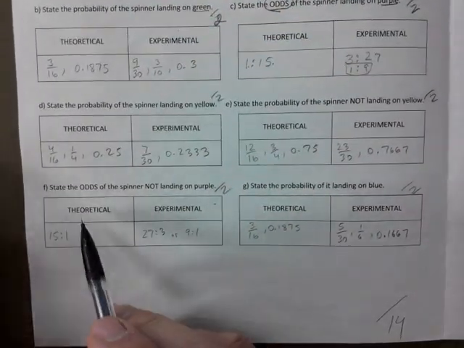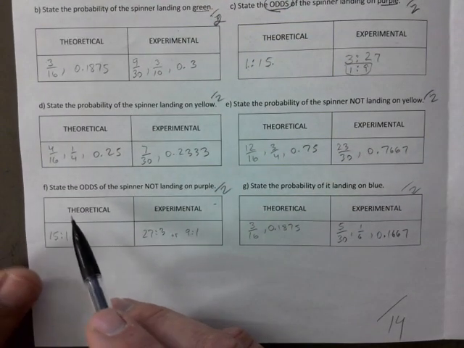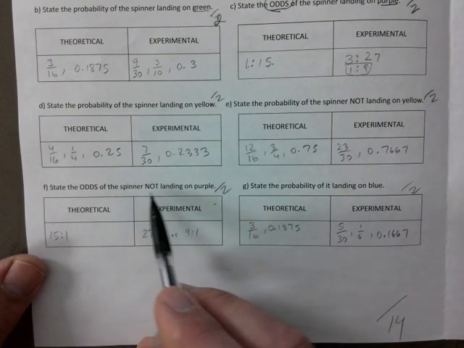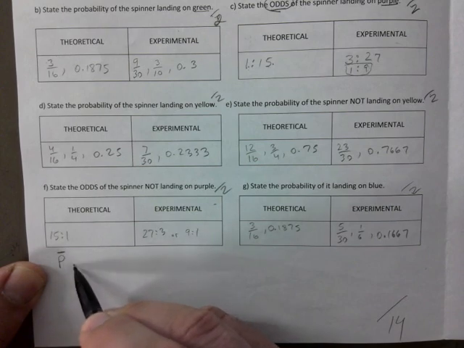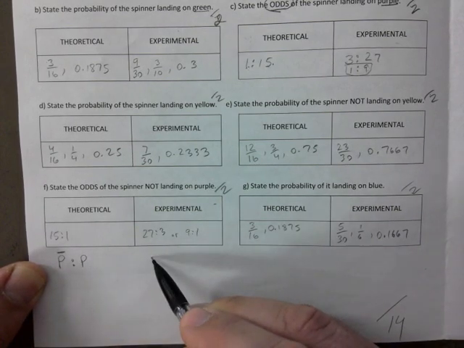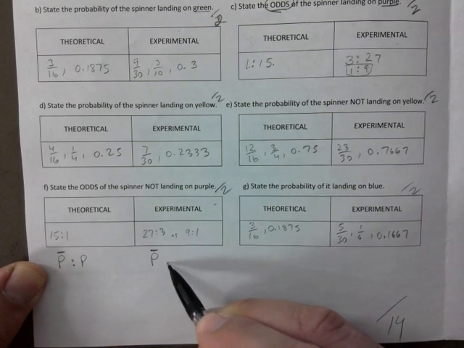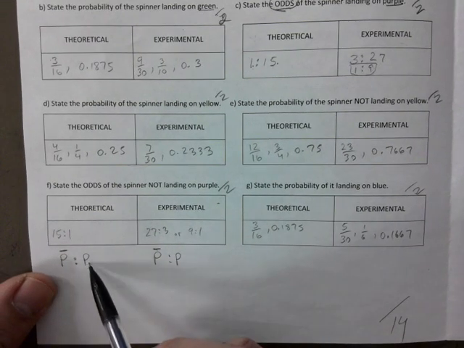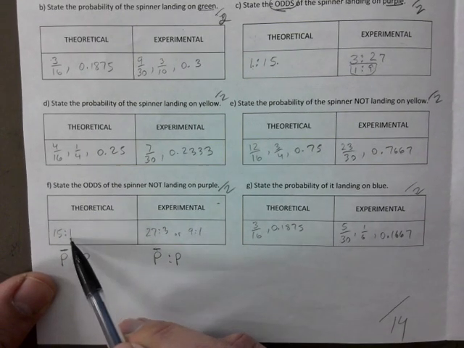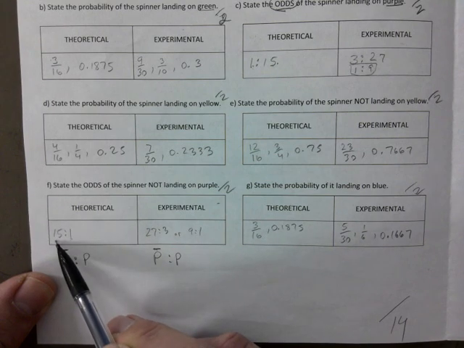Okay, and the odds. Odds of the spinner not landing on purple. So essentially it's not purple and then purple like that. Okay, so for theoretical, there's one purple section, right? How did I come up with the 15? There are 16 in total.